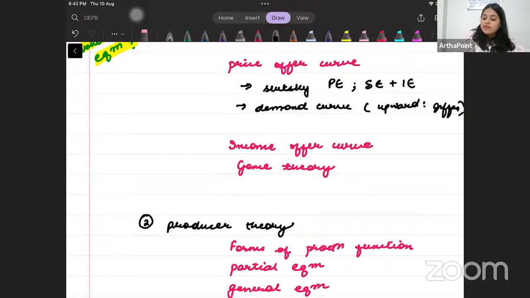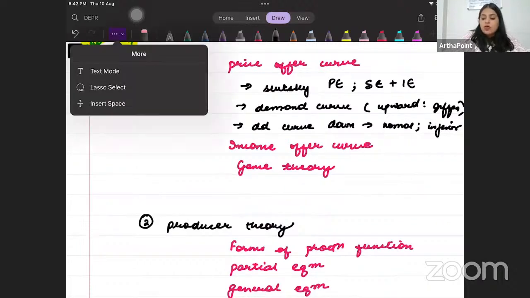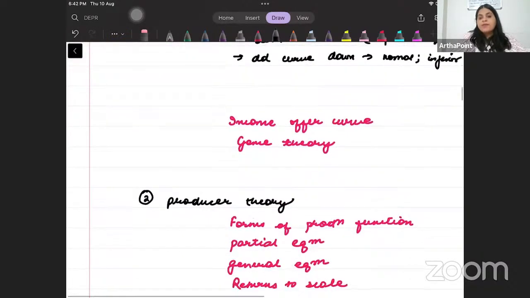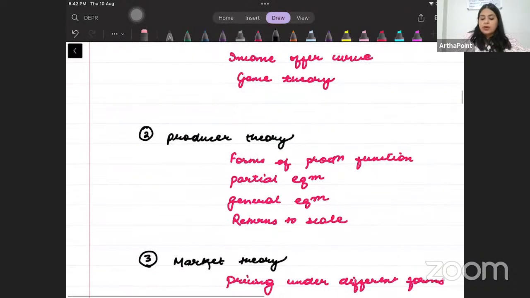Okay. You should be aware that the demand curve is downward sloping for normal and inferior goods. So you must be aware of these concepts also. Price offer में सिर्फ price offer की definition नहीं, ये सब भी जानना equally important है.